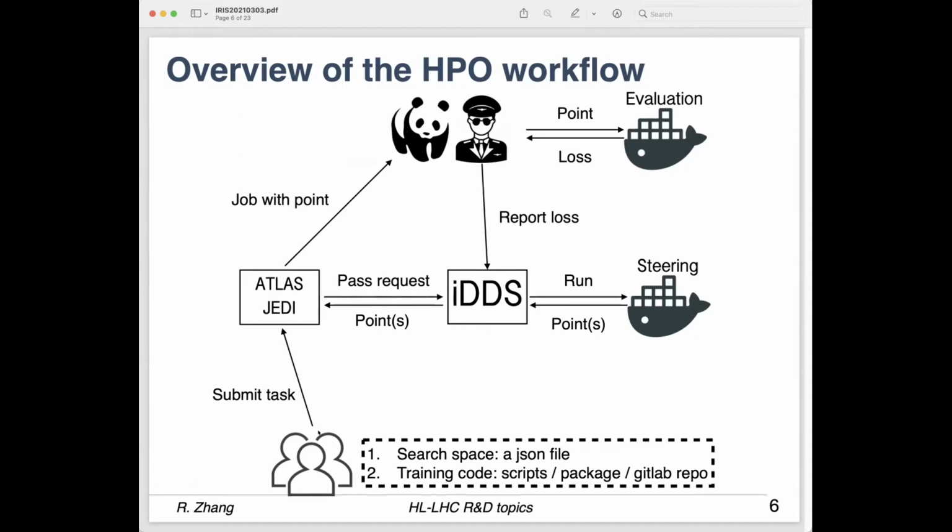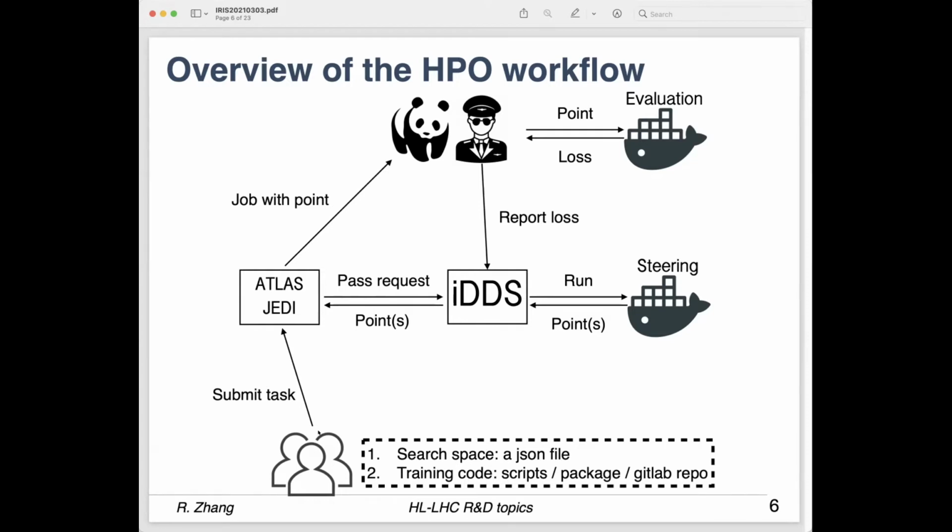This can be different for each application. And of course, the training code, which can be just some simple script or some package or some repository, whatever people may prefer. As long as you have these two things, you just submit a task to Atlas Jedi, which is the job scheduler.